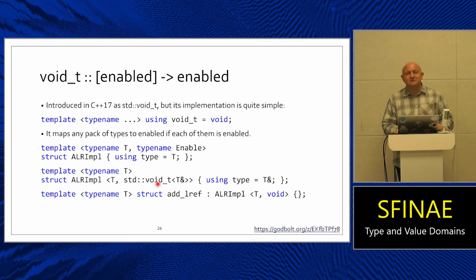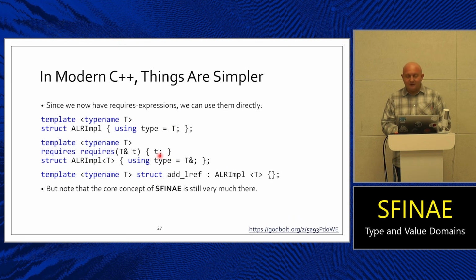Well, not wins the overload, it's a little more complicated process. The compiler just takes this as the better specialization, and we do have our type equal to T&. Otherwise, we have our type equal to T. So void_t expresses validity directly in one clean line.